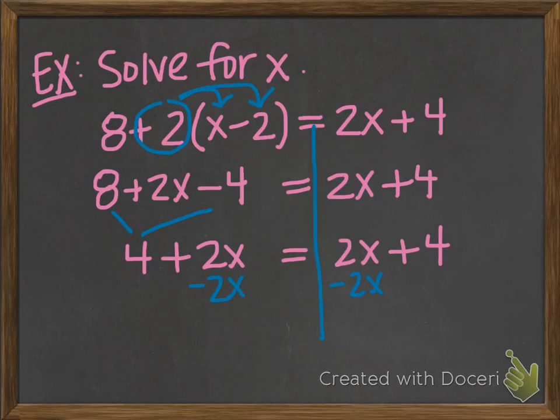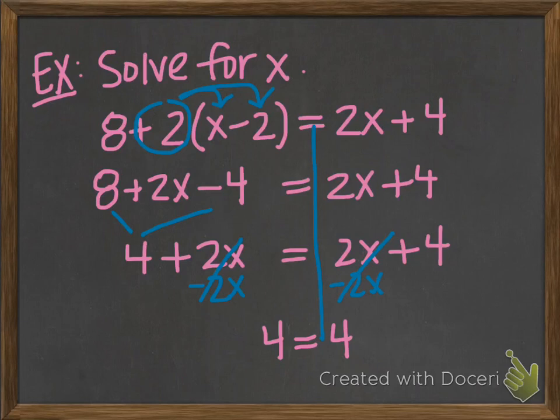When I subtract 2x from 2x, I get 0. And when I subtract 2x from 2x, I also get 0. Uh-oh. Something weird's happening. So my variables are completely gone. Sometimes that'll happen with this scenario, sometimes it won't. Let's bring down what's left. 4 equals 4.